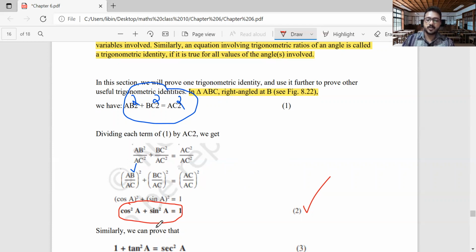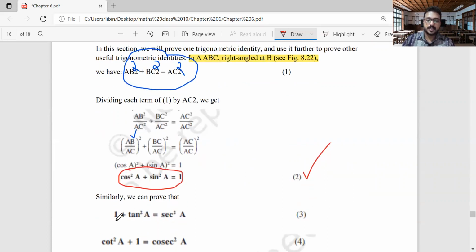Similarly we can prove another identity, this one: 1 plus tan squared A is equal to sec squared A. You can prove it very easily. Just divide equation 2 by cos squared A. What is cos squared A by cos squared A?